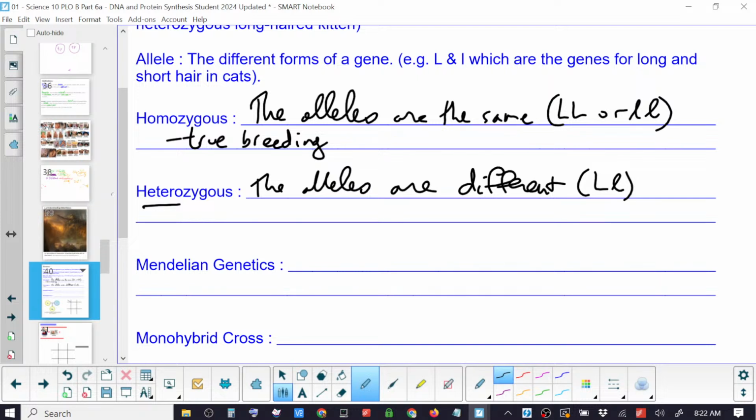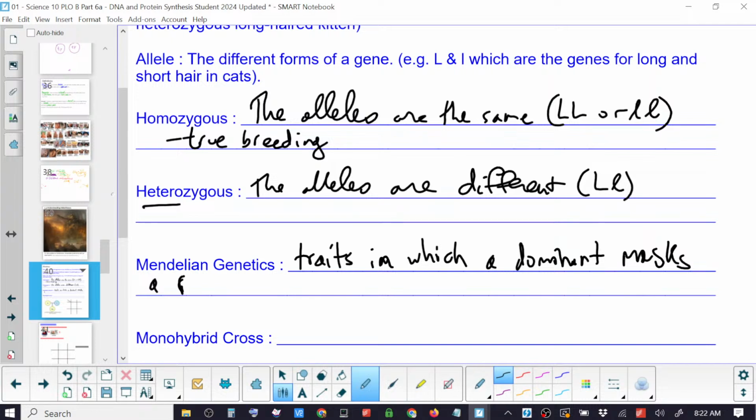And then what I think I've referred to as the term Mendelian genetics, and this is traits in which a dominant masks a recessive.